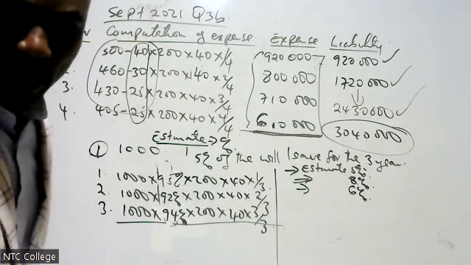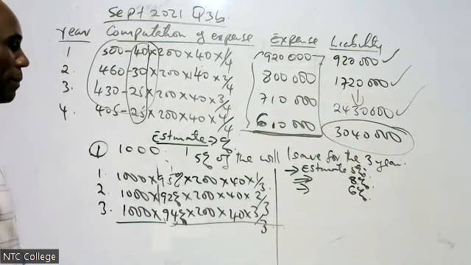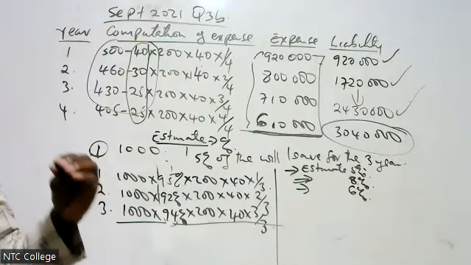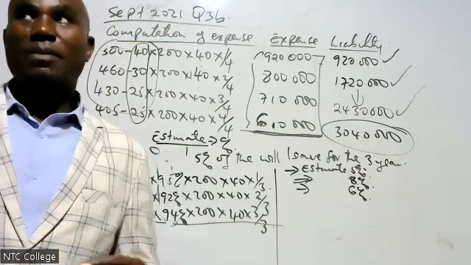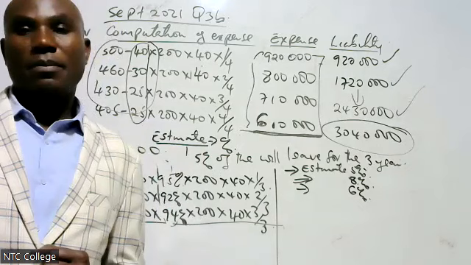Then let me also explain something which is very critical here. For example, the examiner will tell you that in year one, the company estimates that 5% of the employees leave the company.